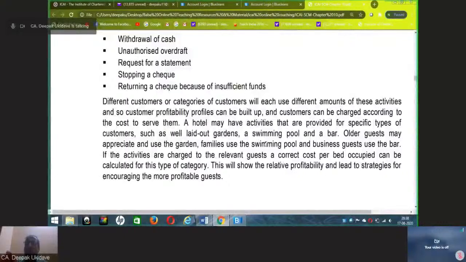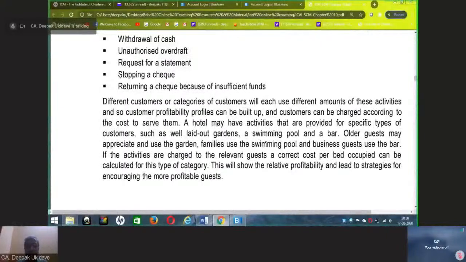If a customer enjoys a particular facility, particular amenity, that cost of that facility or amenity should be charged to that customer. So we identify the cost of a service via activity, via resource, right? That is again activity-based costing we are using in the service industry for apportionment of cost.